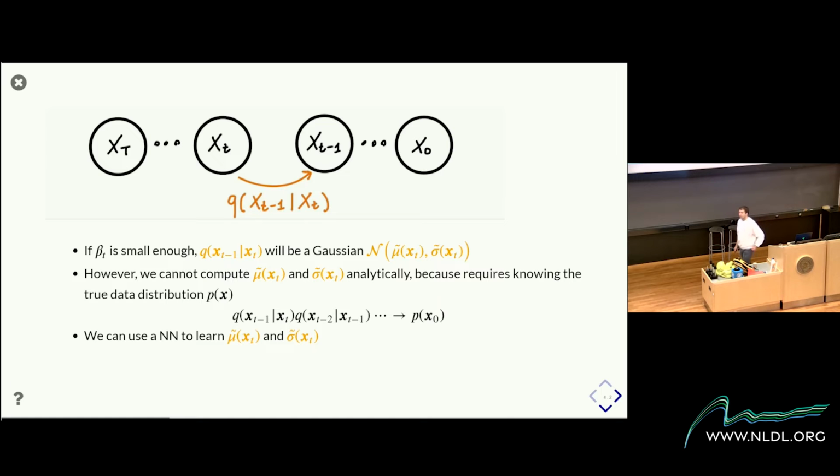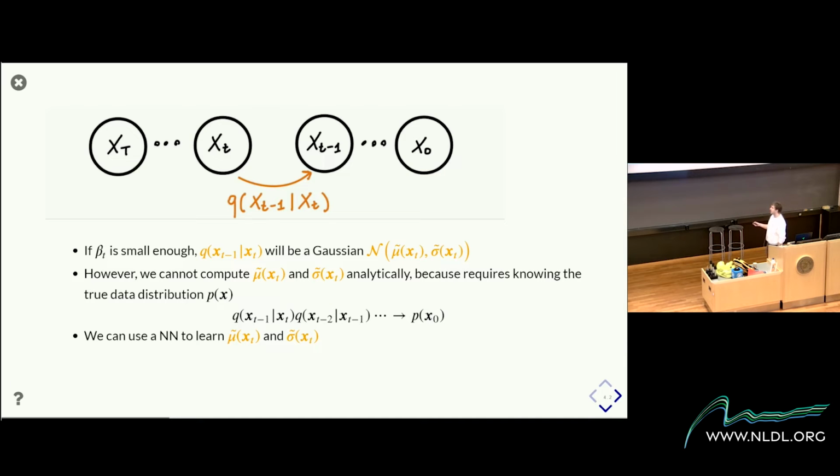This should be kind of intuitive, because even if this is a sequence of Gaussian distributions, in the end we have to converge to the distribution of our data, and the distribution of our data is clearly unknown. If we knew it, we wouldn't have to do deep learning. We could just take it, analyze it, sample from it, do whatever we want.